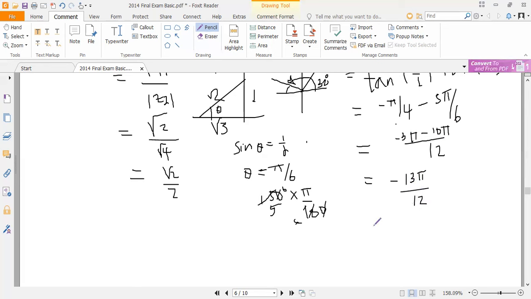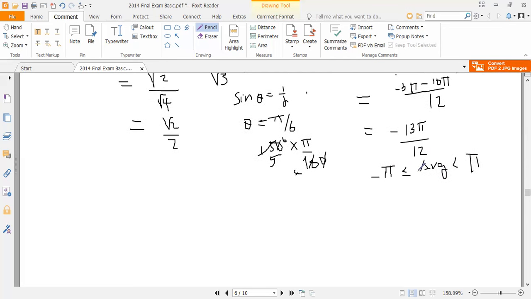But the argument is always between minus pi and pi, that is, minus pi less than argument less than or equal to pi. It should always be between these, so we should change that into this form.